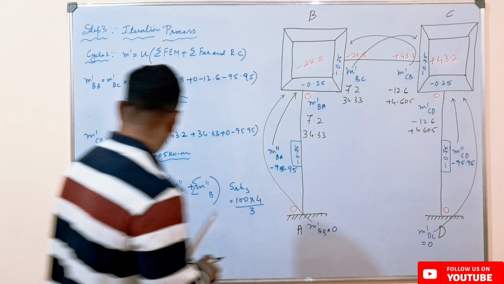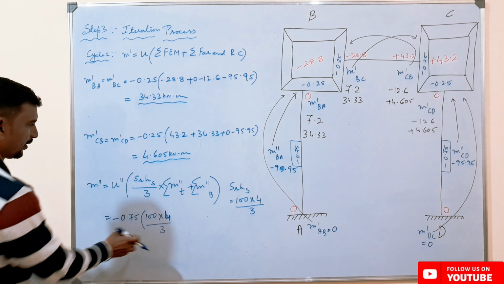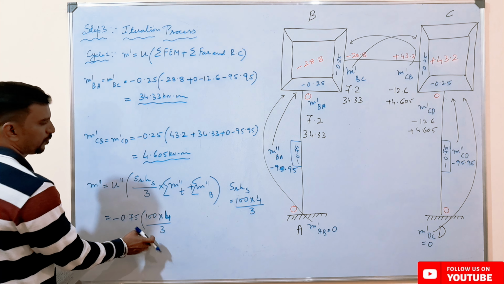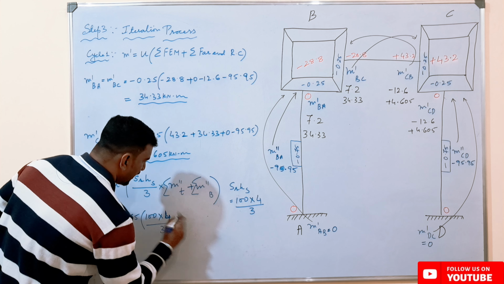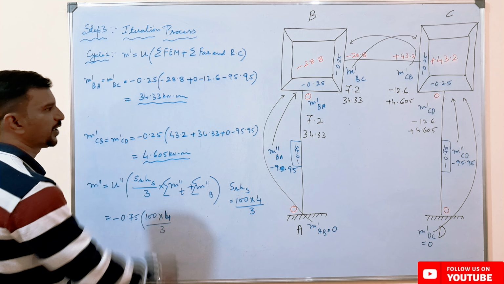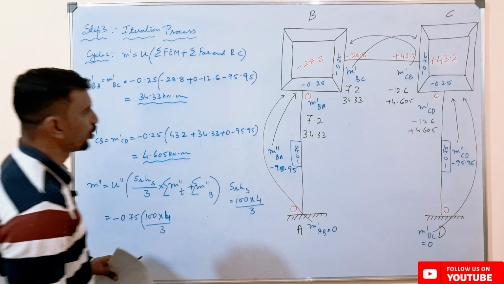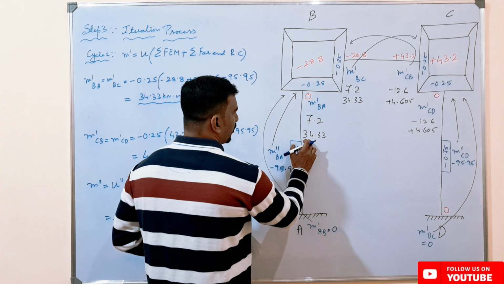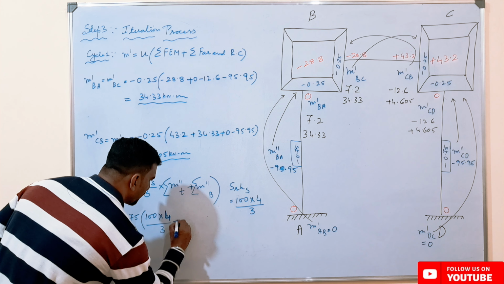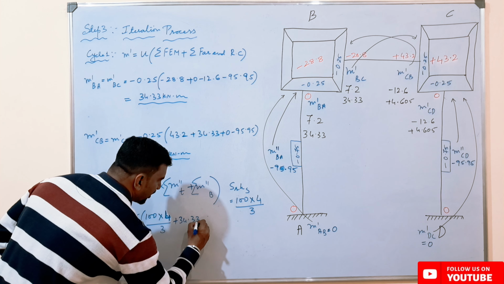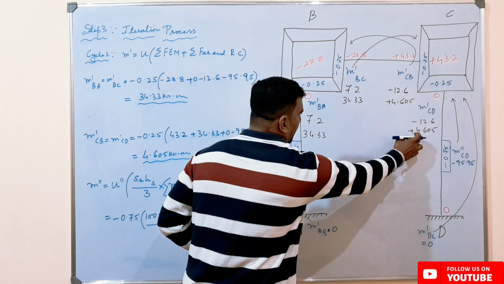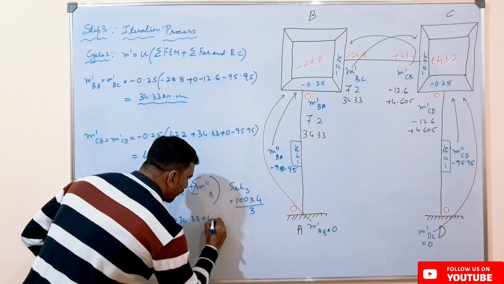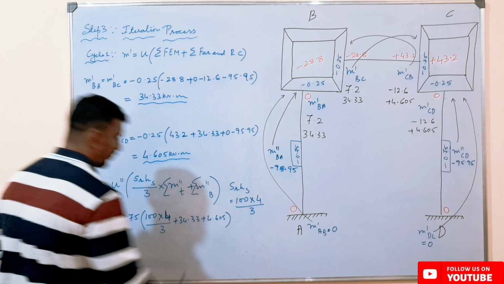So now similarly here if we add the new value over here, summation of the displacement contributions about the top over here, we are having the new value, that is 34.33 plus a new value over here, that is plus 4.605.